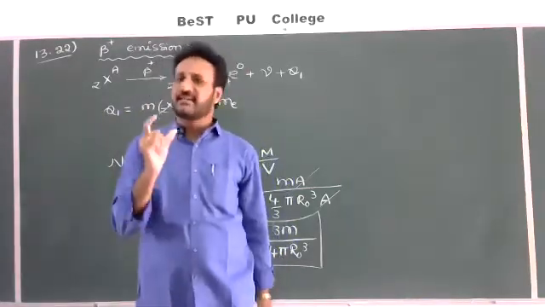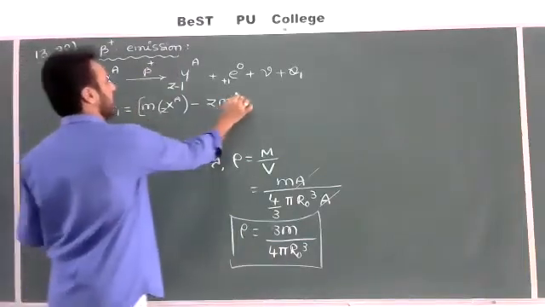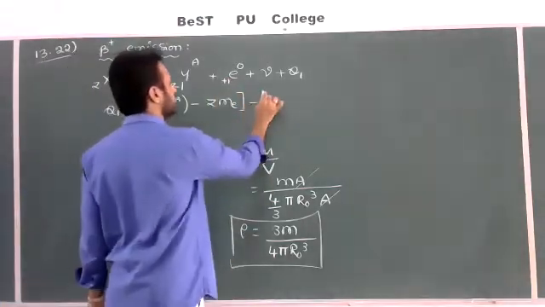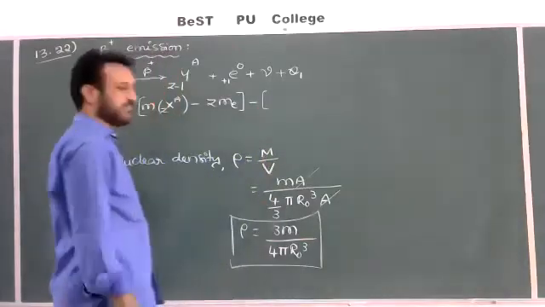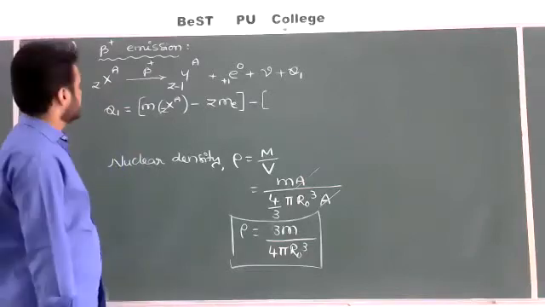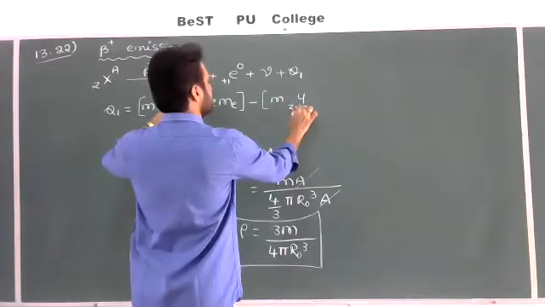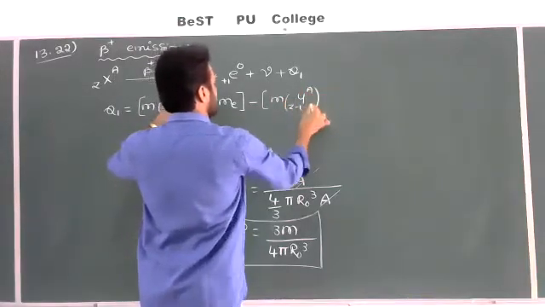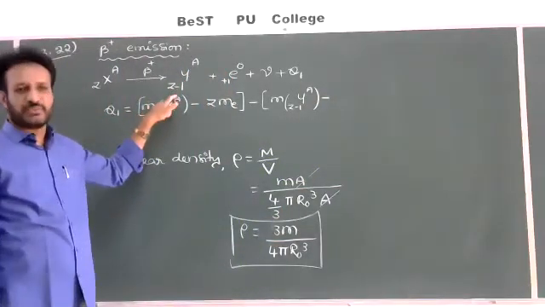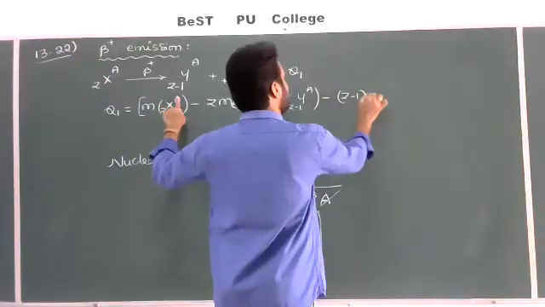On the right side, the mass of Y with atomic number Z minus 1 and mass number A, I have to remove Z minus 1 electrons, so it is minus Z minus 1 into Me.